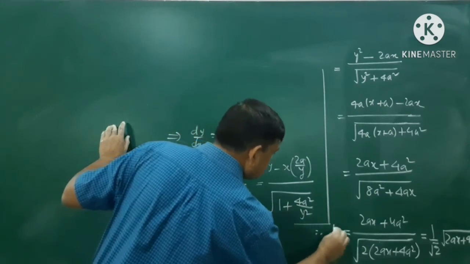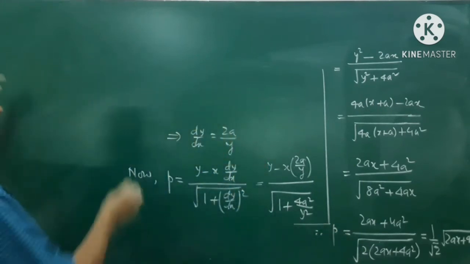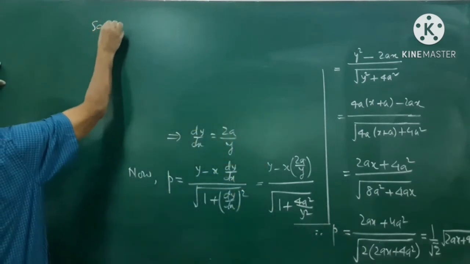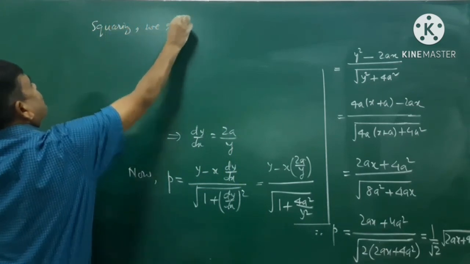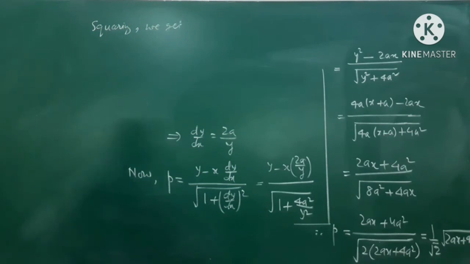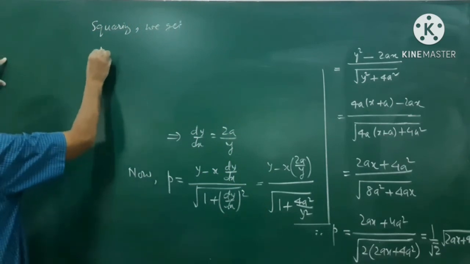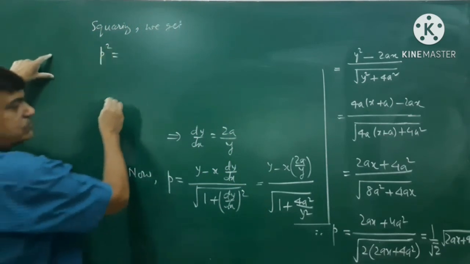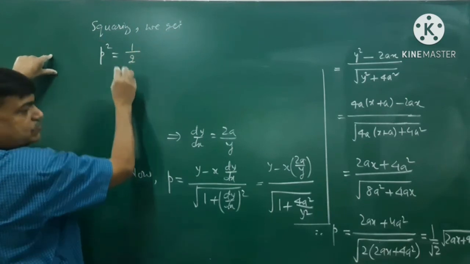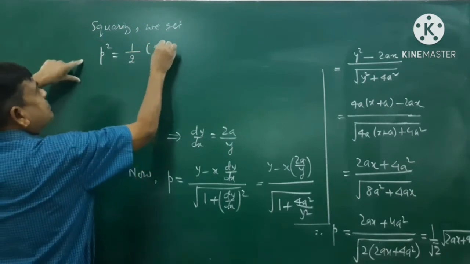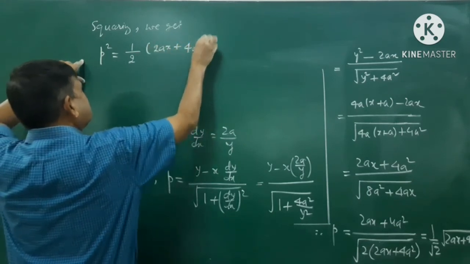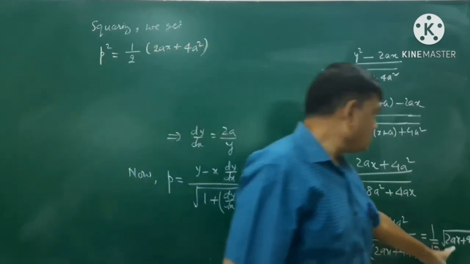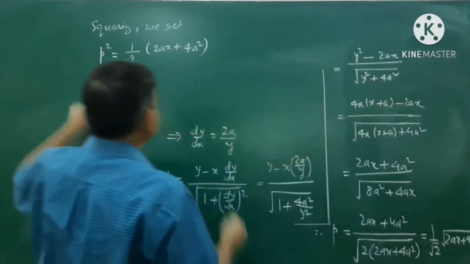Therefore, p equals to this. If we square, we get p square equals to 1 by 2 into 2ax plus 4a square. Okay.